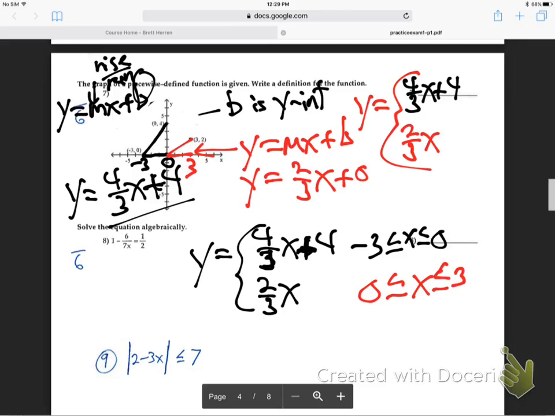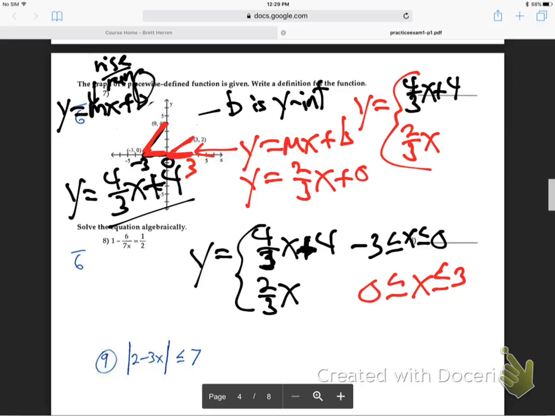Does that make sense how I did that? I looked on the x-axis for where those pieces of graph existed. So this left one was between -3 and 0, and the right one was between 0 and 3.